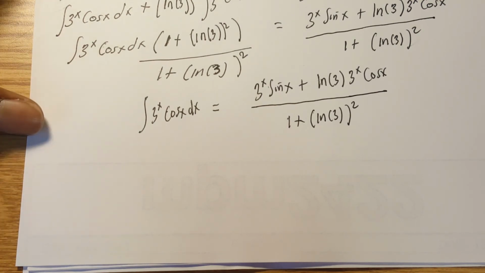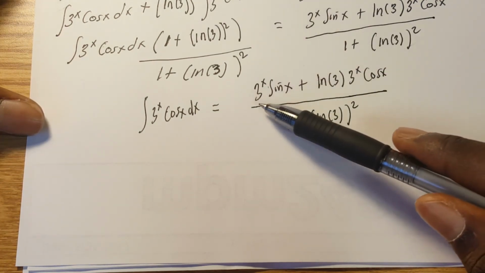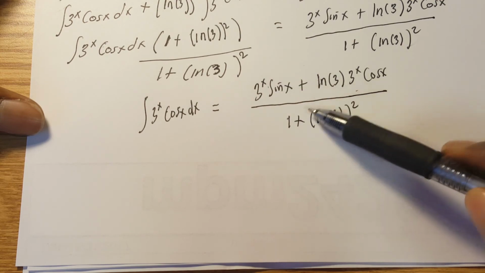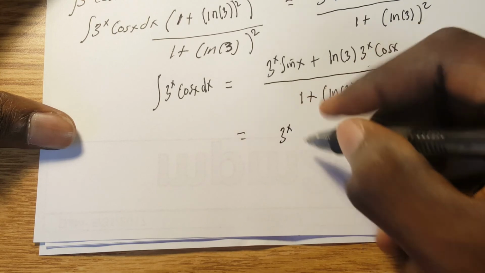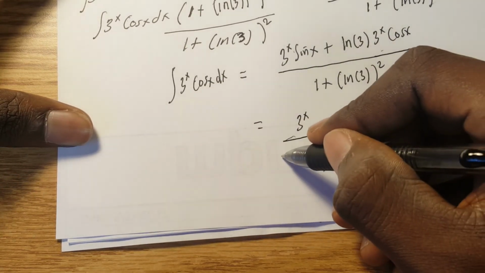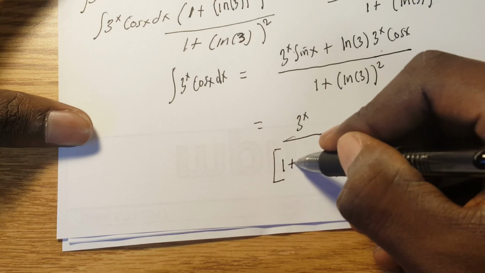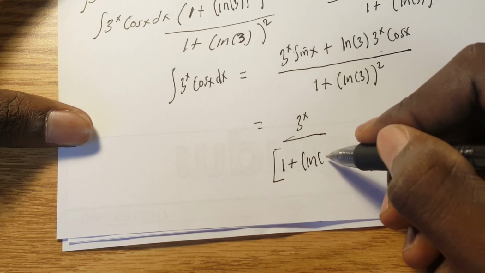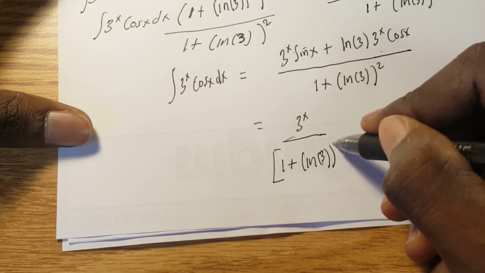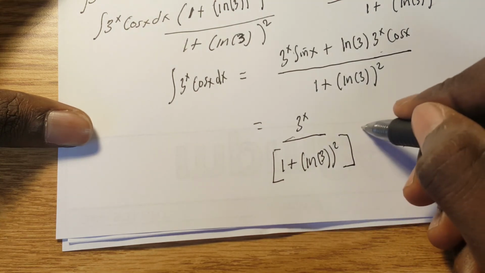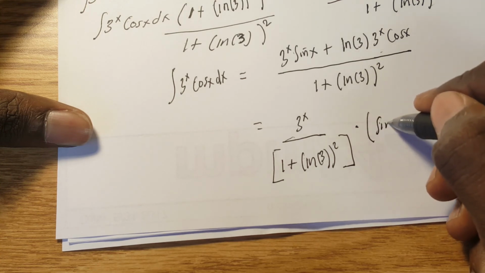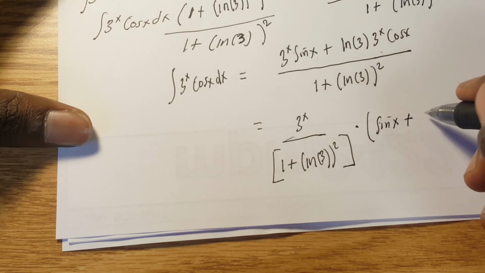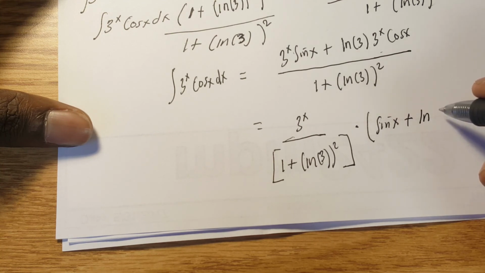So we actually are done with the problem, but we can go ahead and bring this guy out because it's on both sides at the top, which if you do that, you'll be equal to 3^x divided by 1 plus natural log of 3 all squared, and it's being multiplied by sine x plus natural log of 3 cosine x.